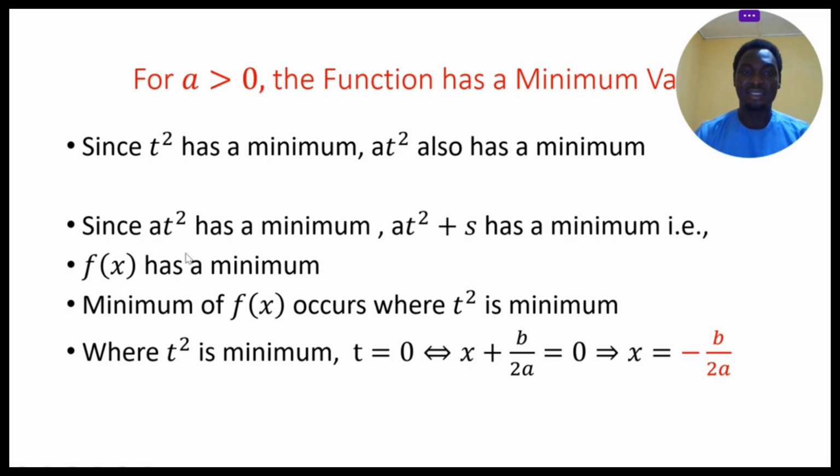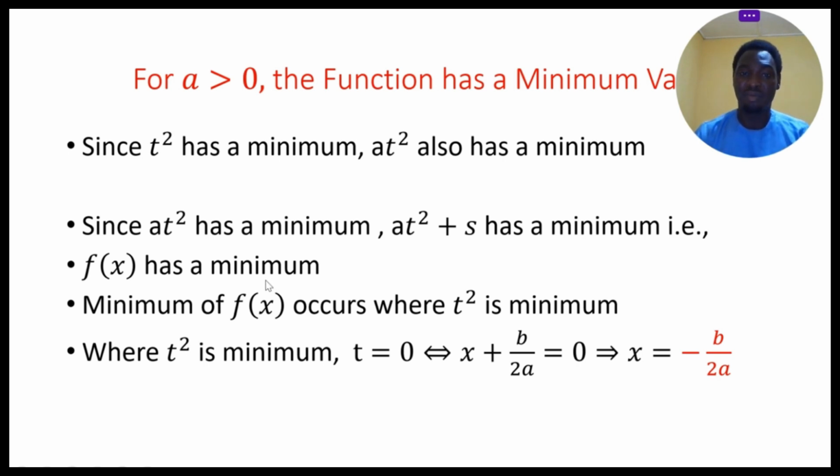And because at squared has a minimum value, at squared plus s also has a minimum value. Remember again, at squared plus s is the addition of a constant to at squared. So adding a constant to a function cannot change the direction. Thus, f of x has a minimum in this case.